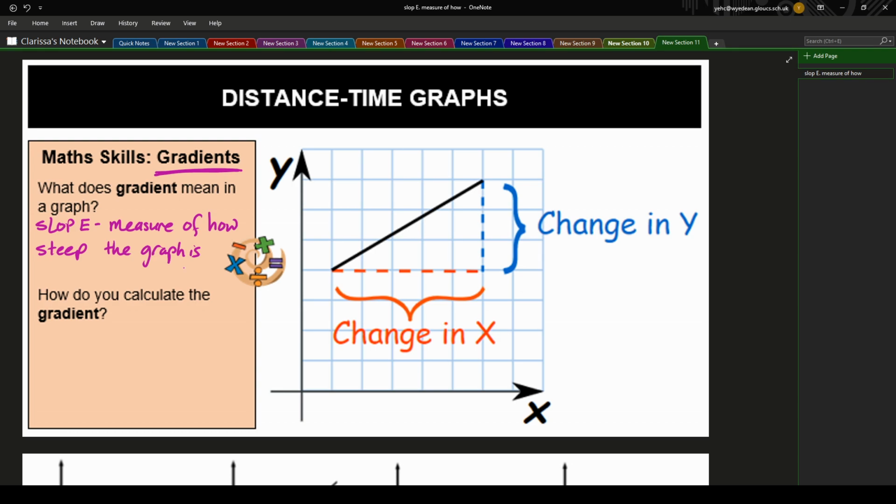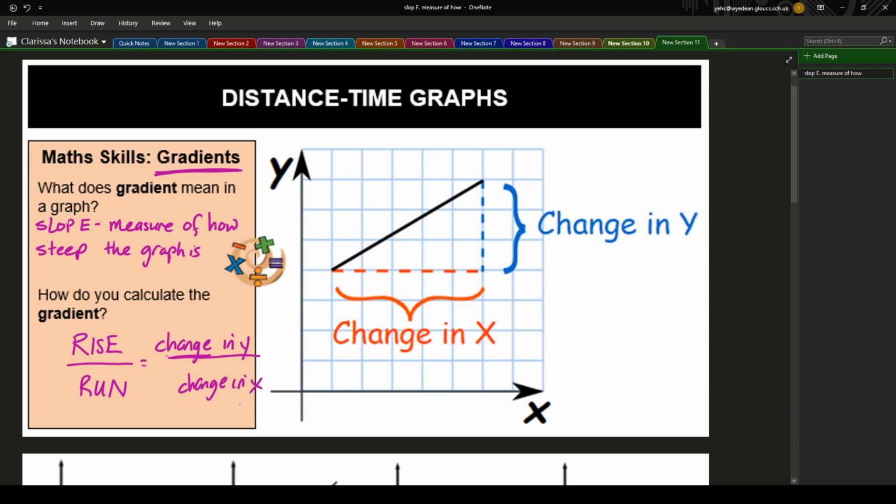So in terms of calculating the gradient, I'm hoping that you would have heard of this formula before in maths, but basically it is rise over run. So how much it went up by over how much it went across by. So you can think of it as the change, and it's important that you understand it's the change in y, not just the y number, over change in x.